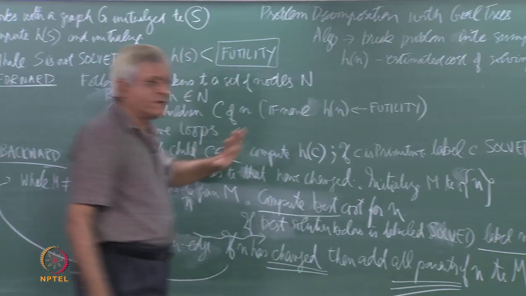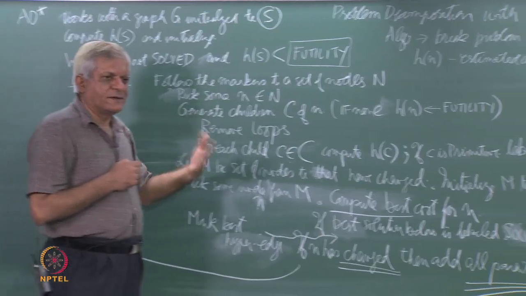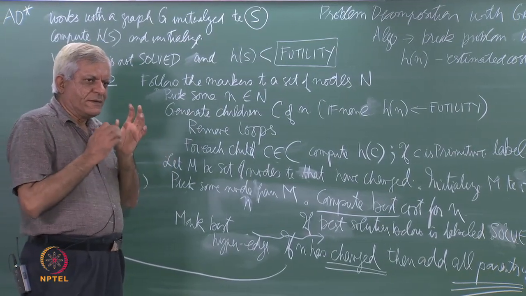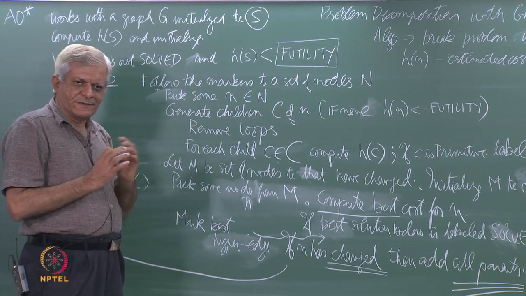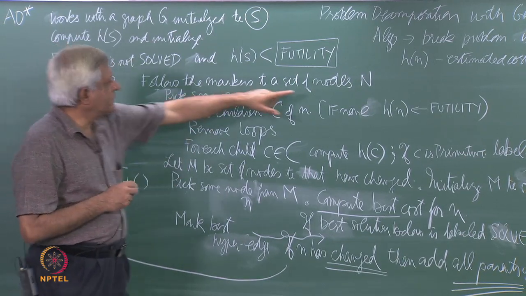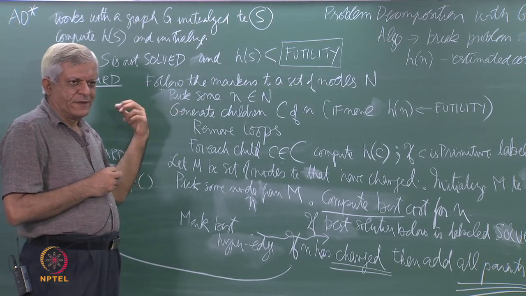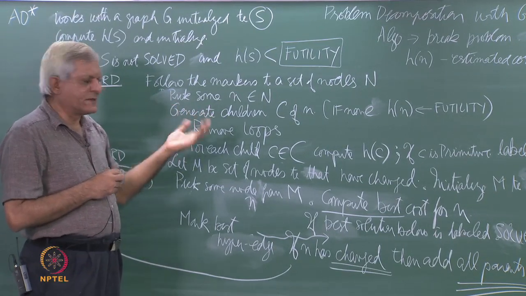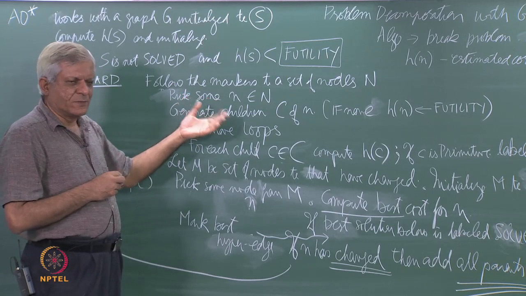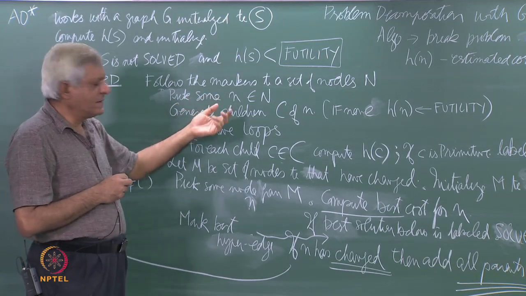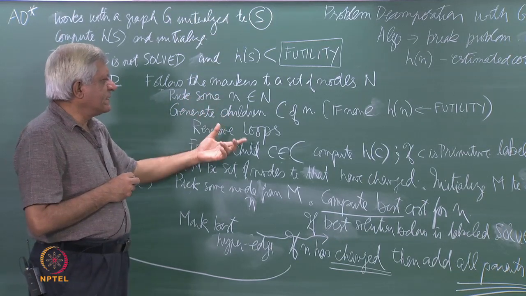So, in the forward phase, you follow the markers, end up with some unsolved set of nodes, which we have called this n. We pick some node from n, maybe the most expensive as we discussed a little bit earlier, but that is not really so important, and generate its children.